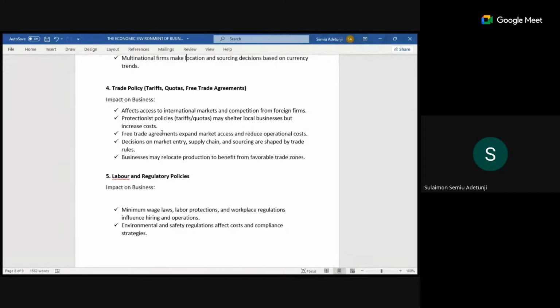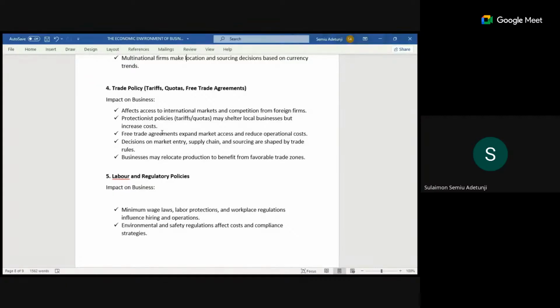Then business may relocate production to benefit from favorable trade zones. Like for instance, now the government said if you want to start your agriculture, come to the Ministry of Land and Survey, take a license, and they will allocate land for you.